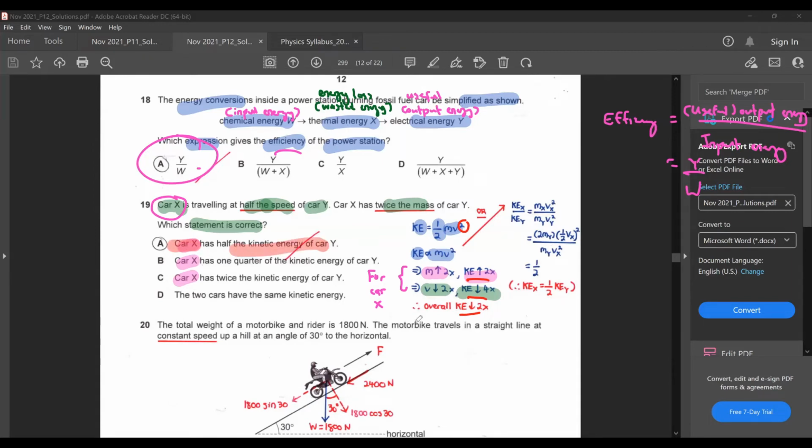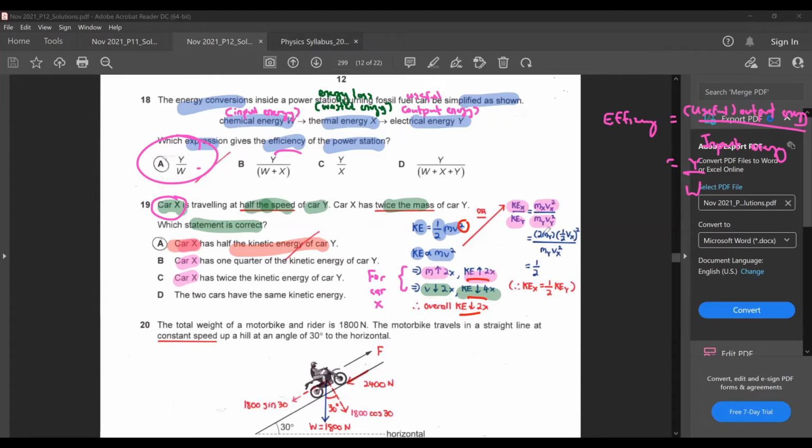Okay, so this one is just by simple comparison. Now if you don't like this method, you can always try to sub in directly by forming an equation. This one is on the right hand side here, where you can say that since KE is proportional to mv squared, KX to KY is mx vx squared to my vy squared.